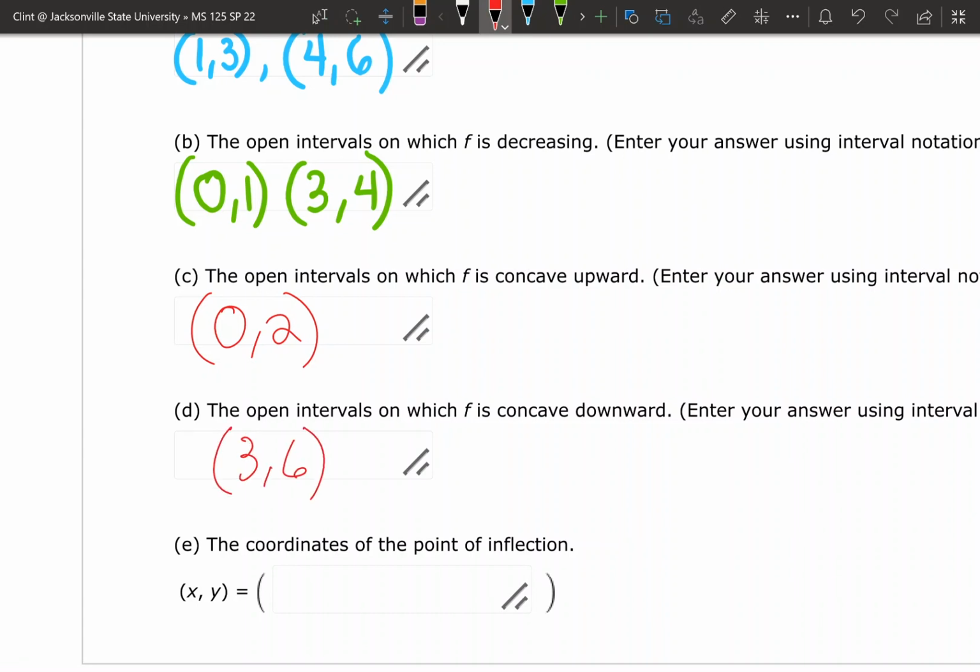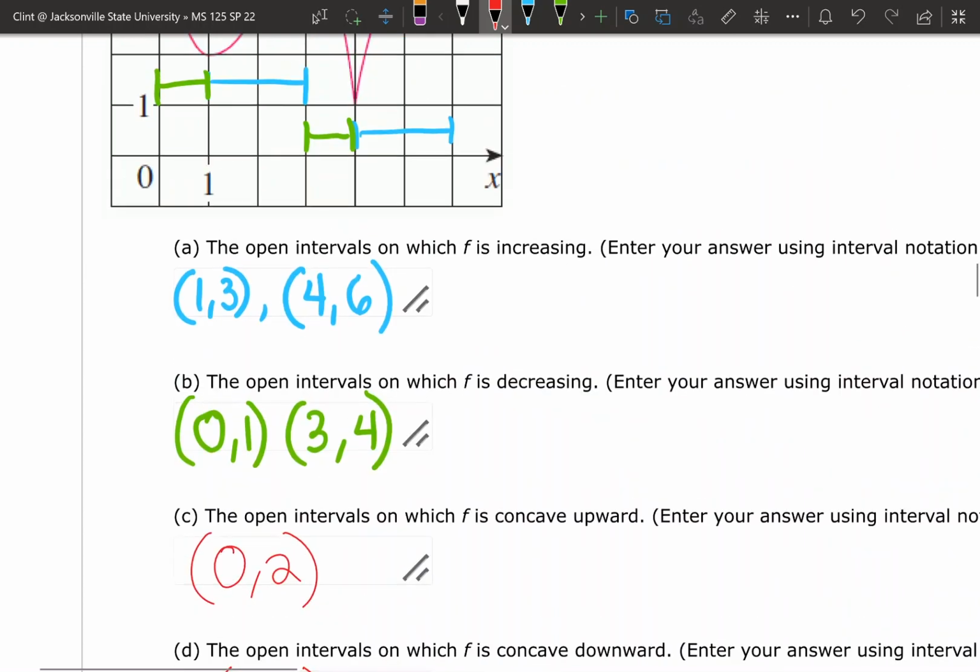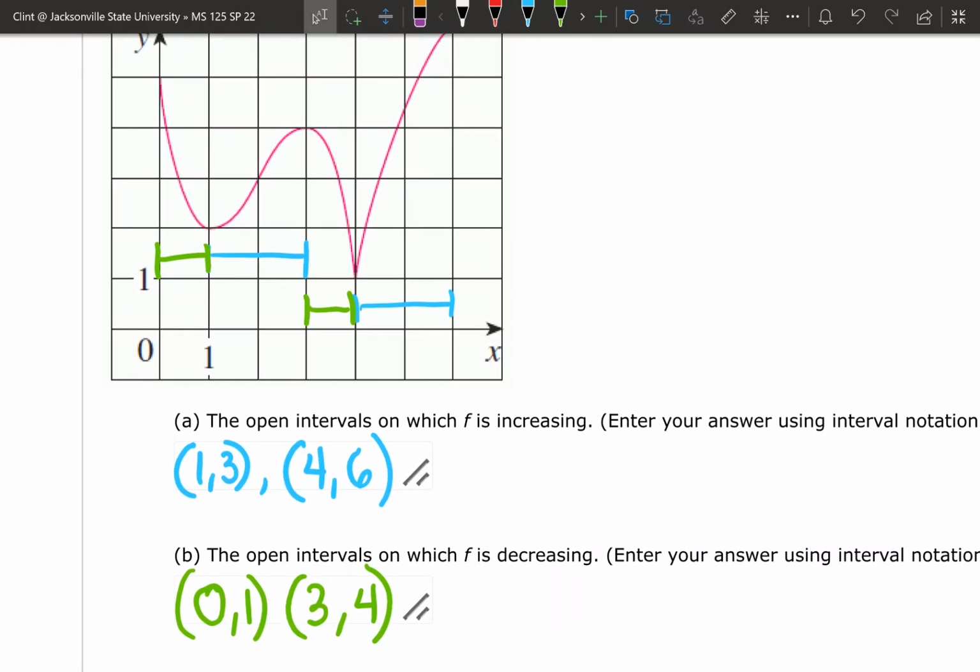And then this one helps you. It says the coordinates of the point of inflection. It doesn't give you the option to have more than one. But our point of inflection would be right there. That's where we change from concave up to concave down. The little sharp corner is not a point of inflection because it's concave down on both sides.